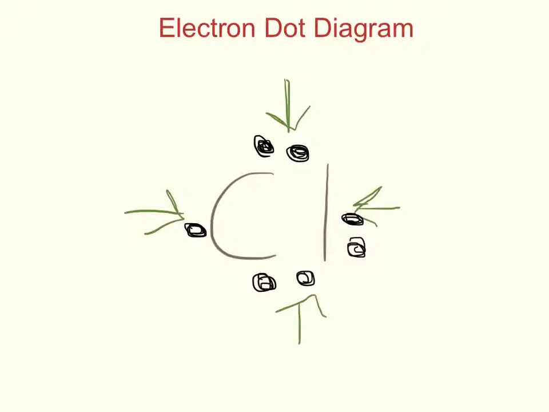So the number of dots on each dot diagram are the same number and the exact same place as the valence shell and the number of valence electrons in the Bohr-Rutherford diagram. So, this is how you draw an atomic dot diagram, or electron dot diagram, sorry.